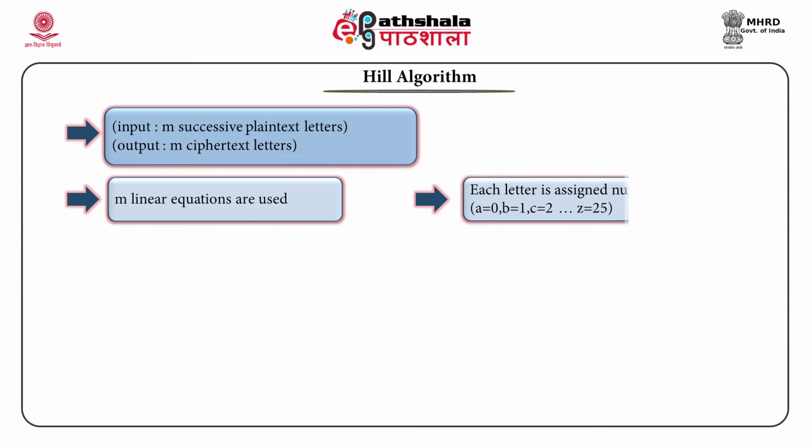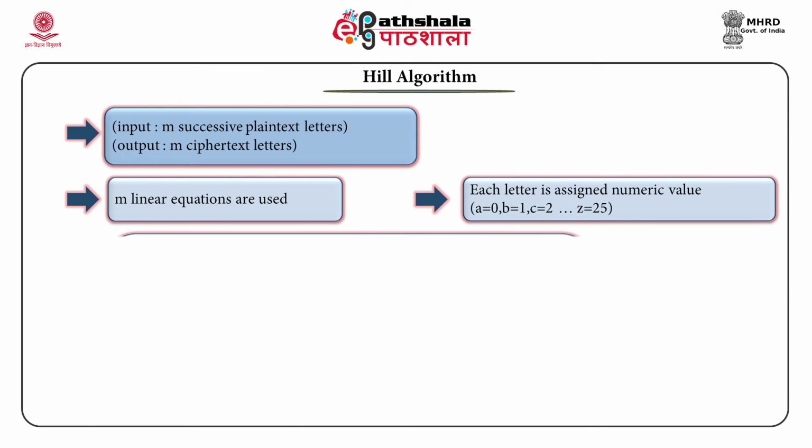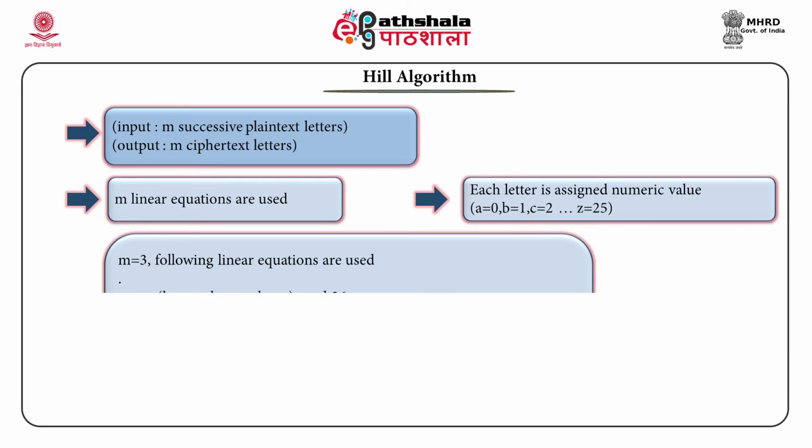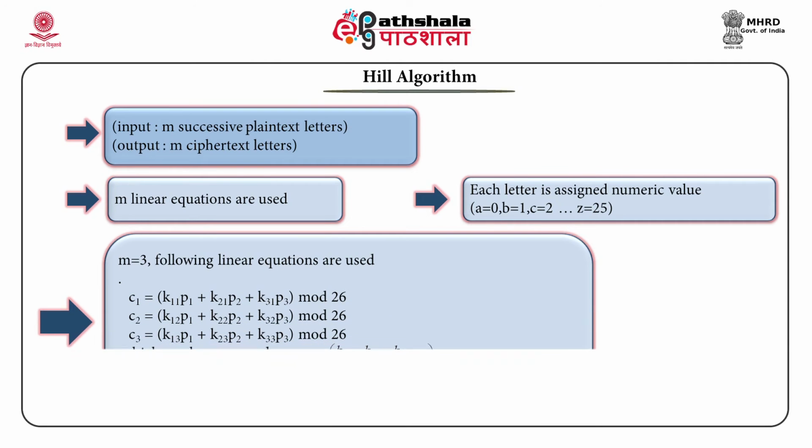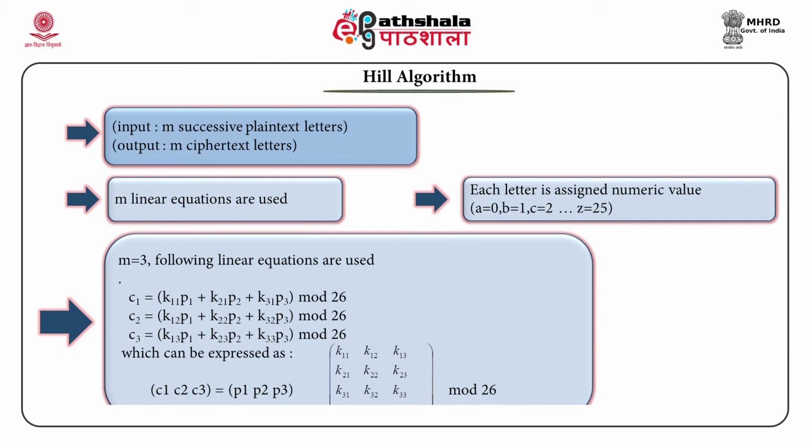Each letter is assigned a numeric value, A is 0, B is 1, Z is 25. If 3 plain text characters are taken, then to solve this we have to take 3 linear equations C1, C2, C3. How are they built? Key is given as a 3 by 3 matrix, plain text is given, so we need to consider 3 plain text letters.